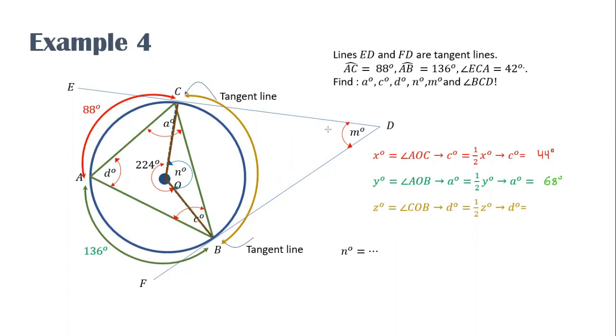So what is the size of arc BC? That's very easy, right? Here is 360 degrees minus 88 degrees minus 136 degrees.